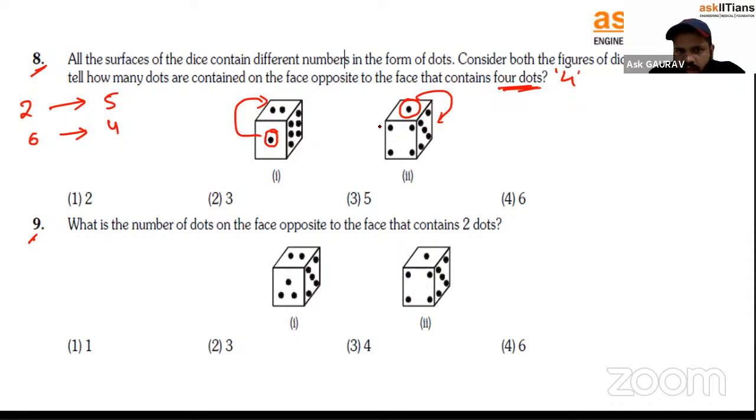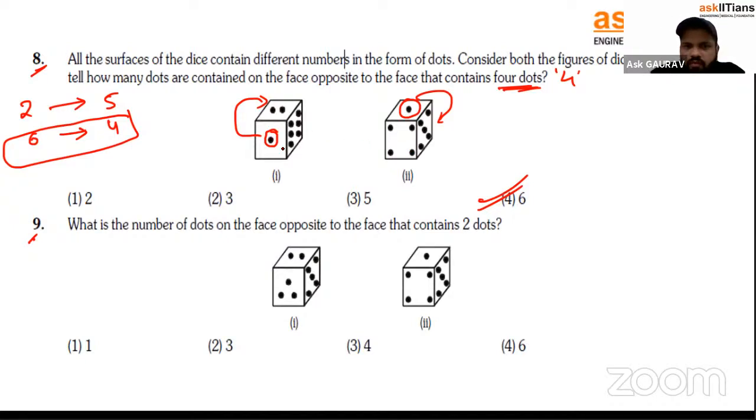Two is opposite to 5 and 6 will be opposite to 4. What will be the option? Sorry, 6 is right. Basically option 4. Is that clear?